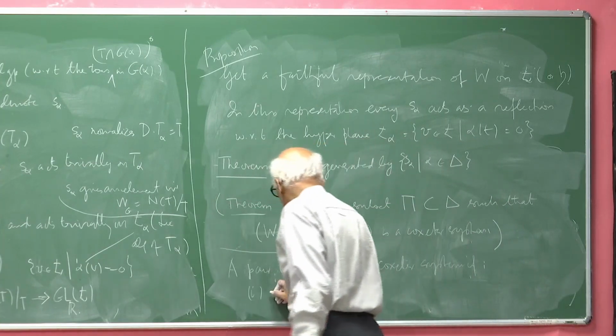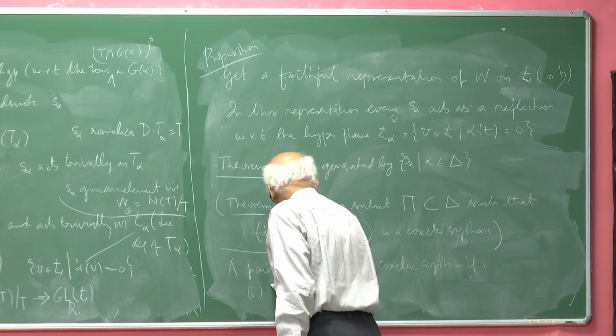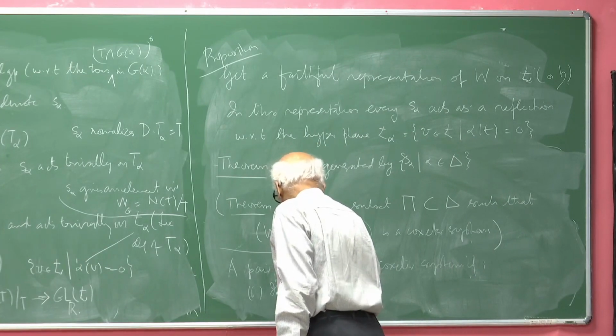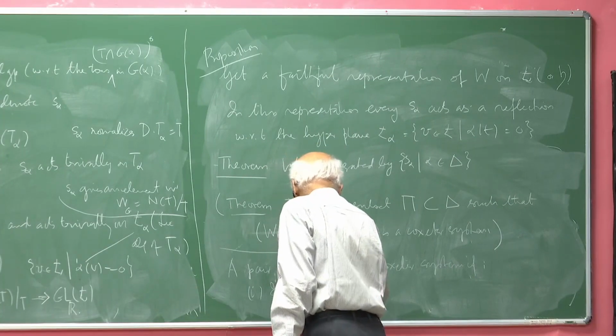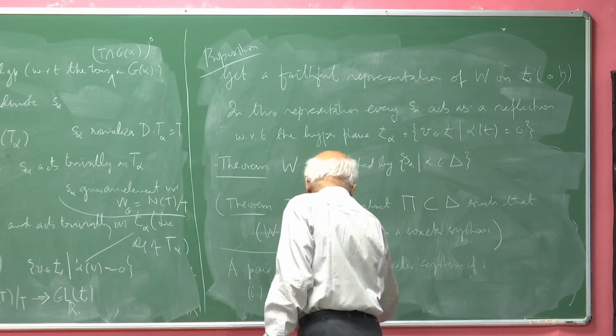One, if sigma is in S, sigma square is 1.